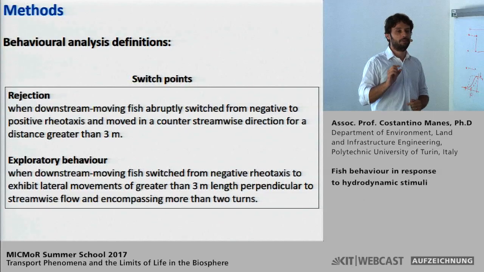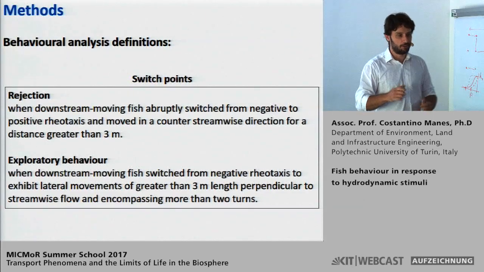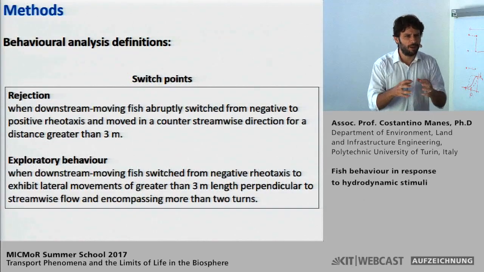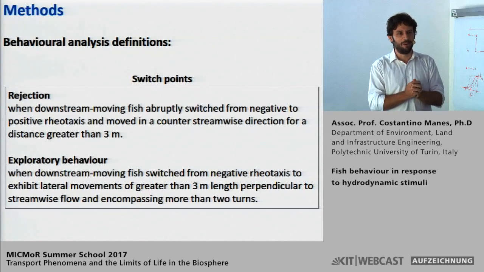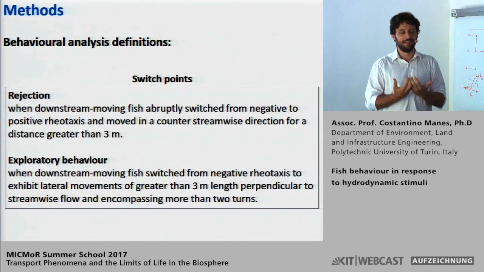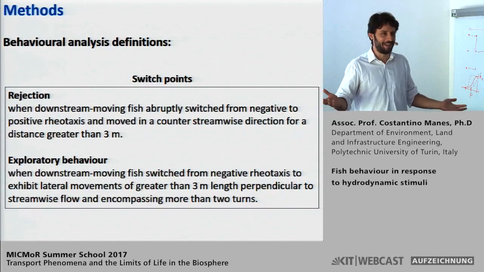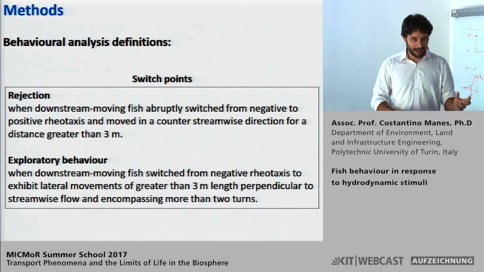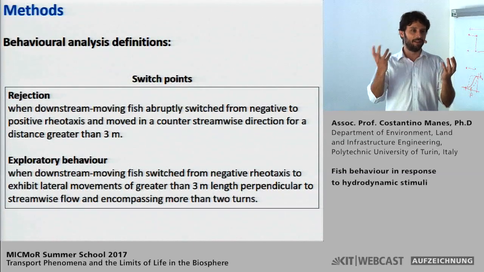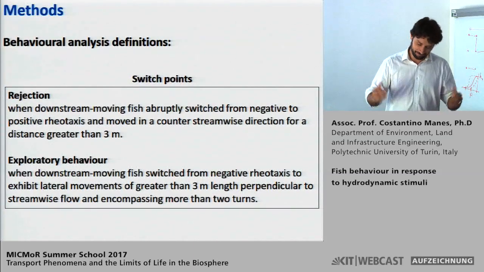You can interpret the behavior of a fish just by looking at the trajectories, but quantifying switch points in a rigorous, non-arbitrary way is very difficult. So this is the best we could do by matching intuition with quantification.